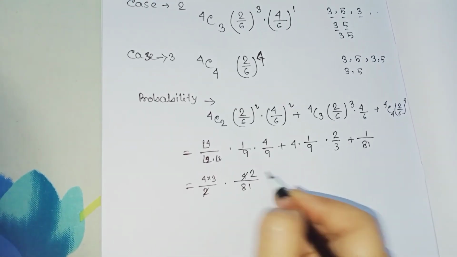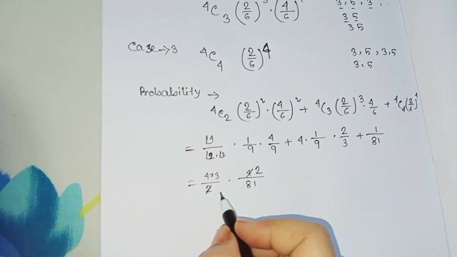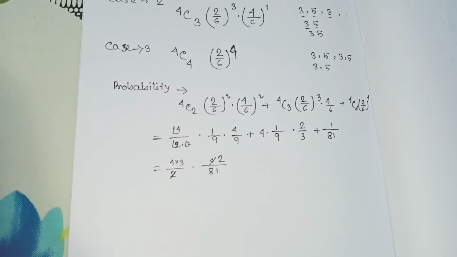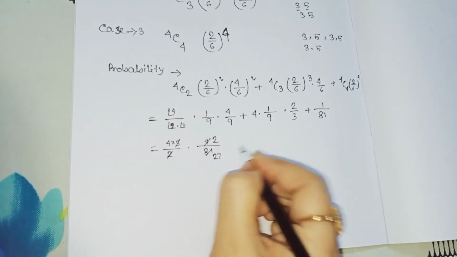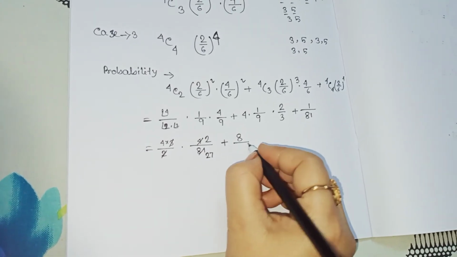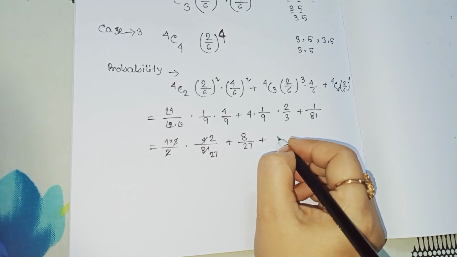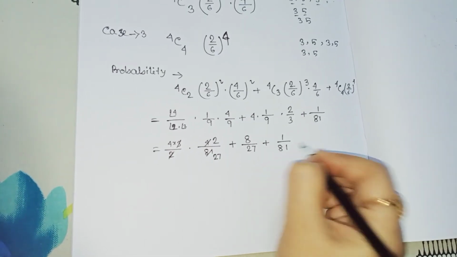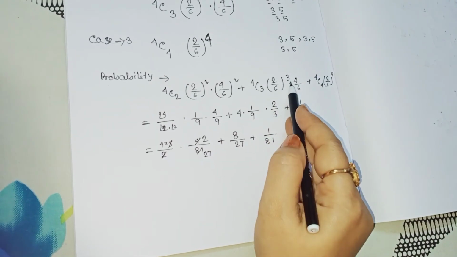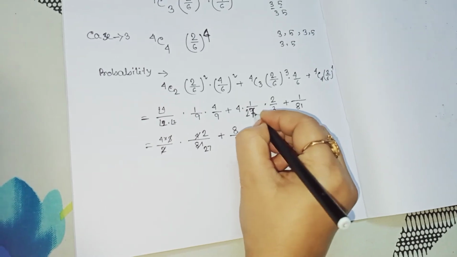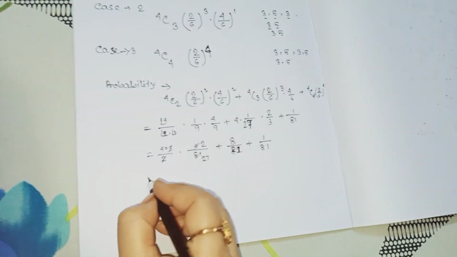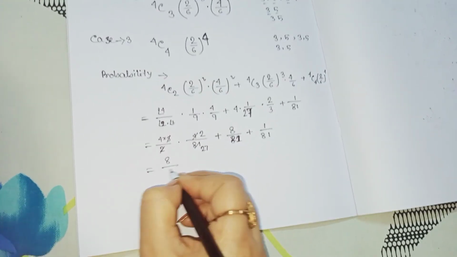So here 2 and 4 cancel by 2. So we get 4 into 3 into 1 by 9 into 4 by 9, and cancelling 3 and 81 to 27, it becomes 8 by 27.